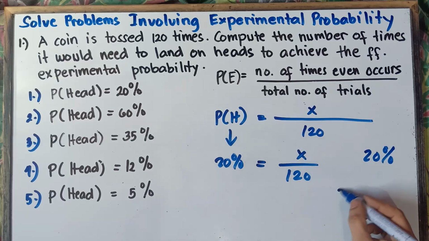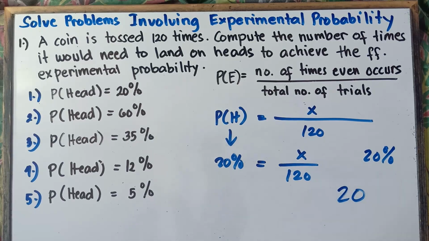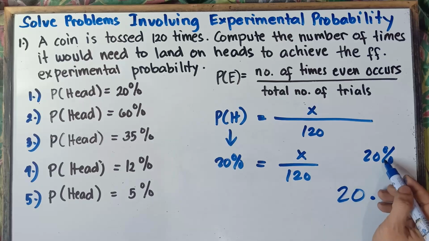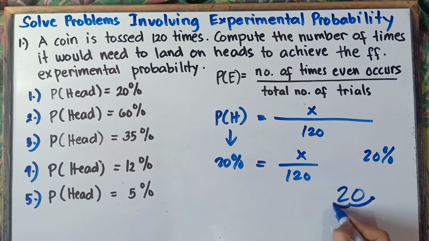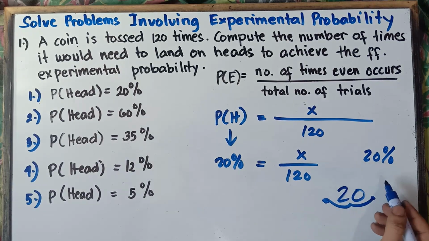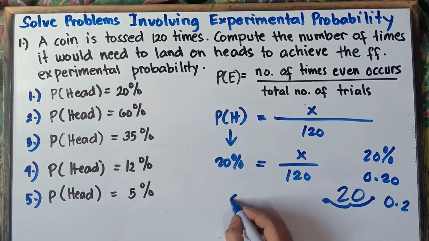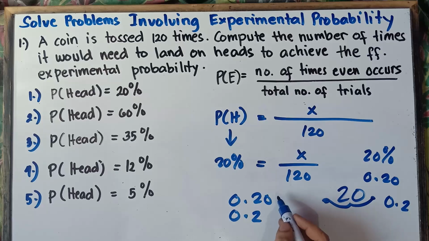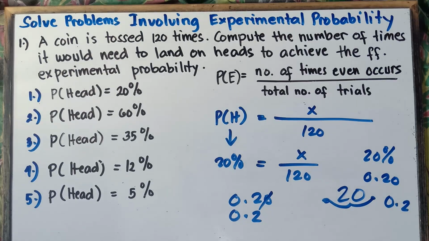For a whole number, the decimal point is always after the last digit. So 20% is equal to 0.20, or 0.2. If the last digit is 0, we can simply eliminate it. So 20% is equivalent to 0.2.